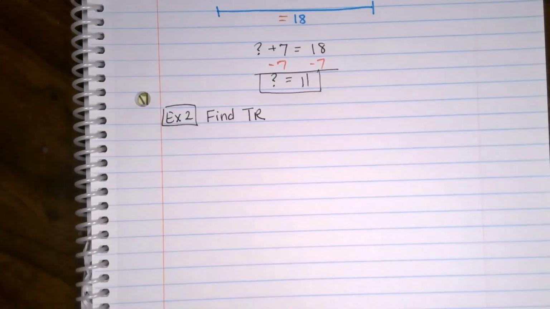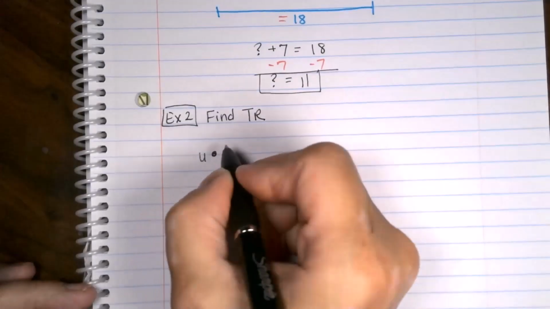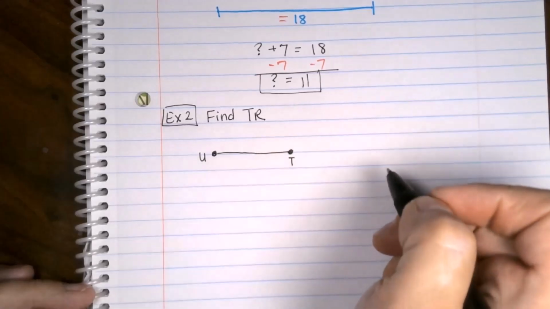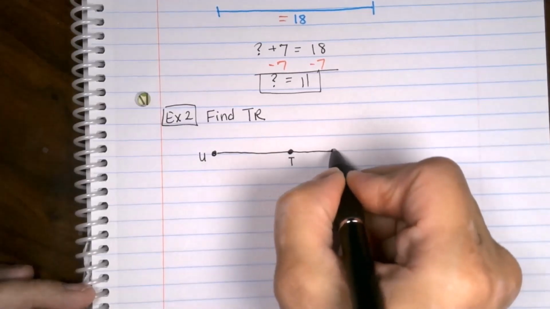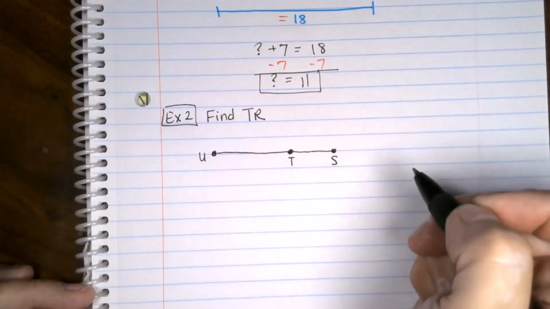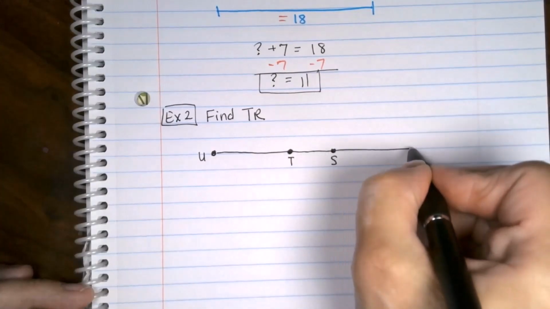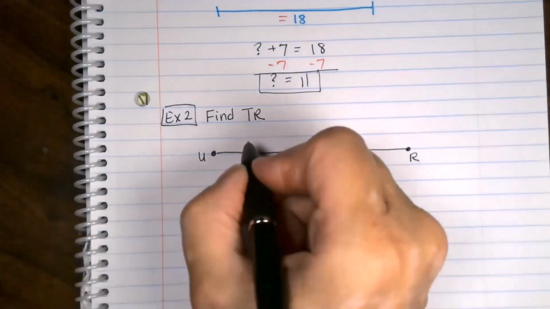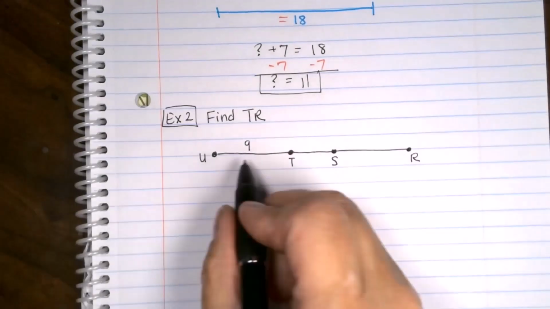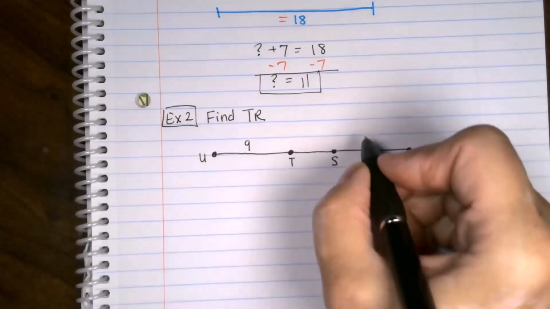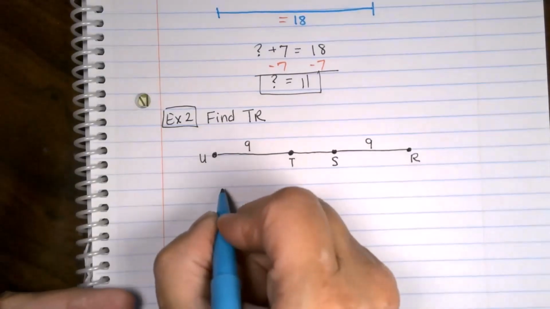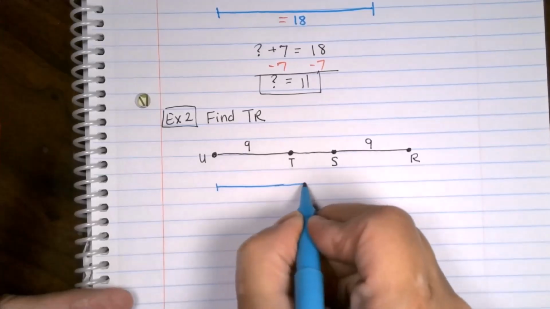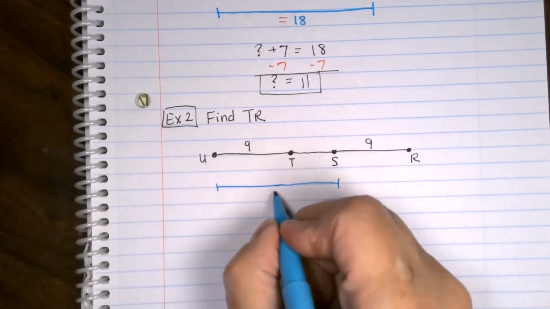I'm given a segment that is starting at the point U and goes to the point T, and then there's another segment that starts at T and goes to S, and then there's another segment that goes all the way over to the last point, which is R. Some information that we're given is that from U to T is 9, from S to R is also 9, and then they're also told that from U to S is 14.